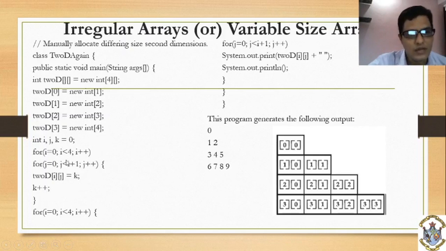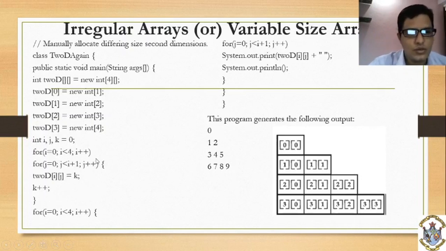Why have we written i plus 1 here? Please observe what I have declared: in the first row we required 1 column only, in the second row 2 columns, in the third row 3 columns, and in the fourth row 4 columns. Likewise, in our processing we have written j less than i plus 1.